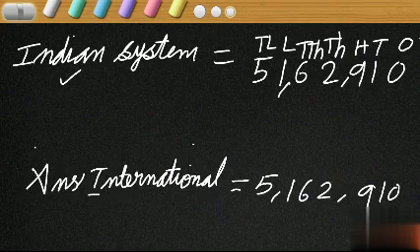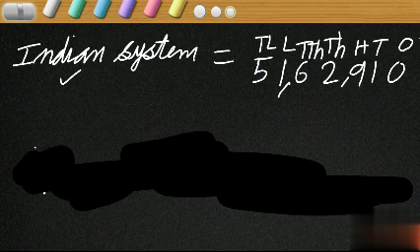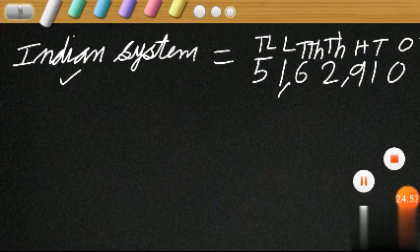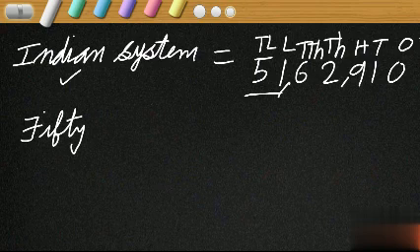Now, can we name the number now? Yes, we can. What is the number name then? As per Indian system, what is the number name? How many lakhs? In the lakh spirit, 51. That means 51 lakh, isn't it? Yes, write down 51 lakh.